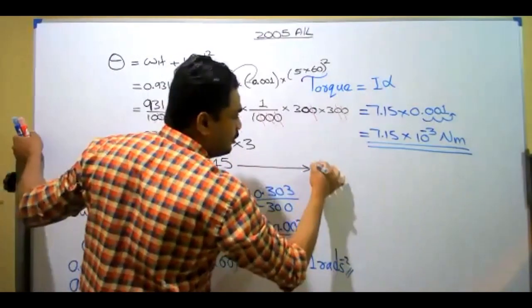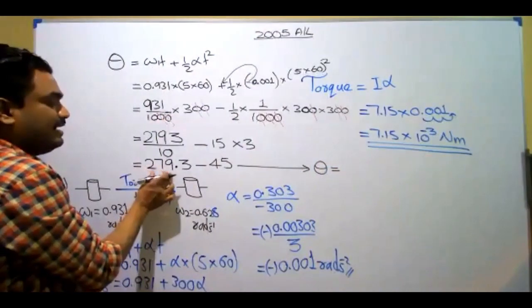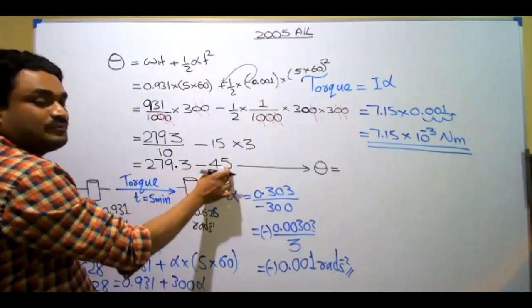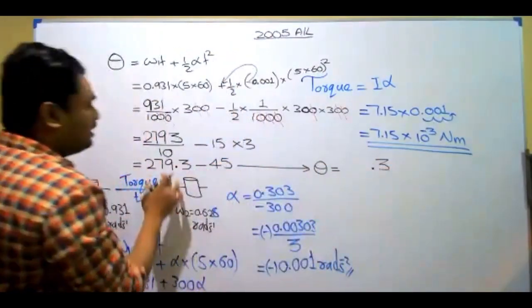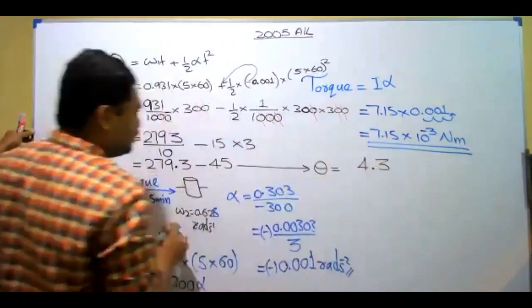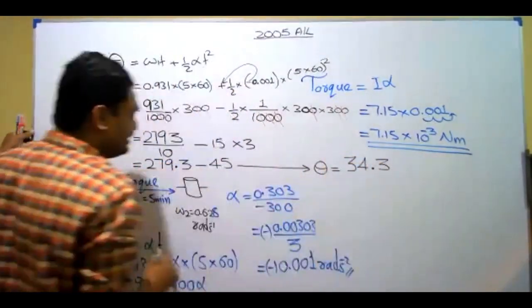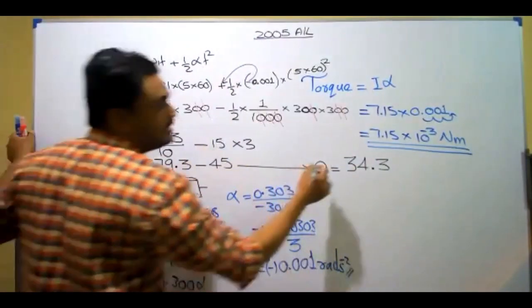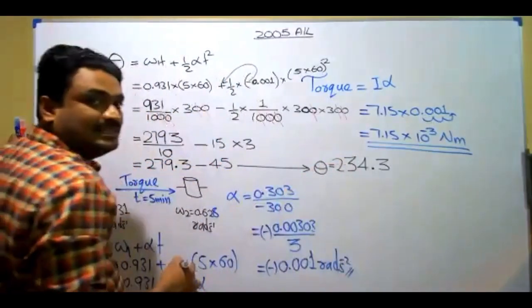So finally you will obtain theta equals 279.3 minus 45. Nothing will happen to the 0.3. 9 minus 5 is 4. 7 minus 4 is 3. 2, there is nothing to subtract from 2, so 2 will be there as it is.